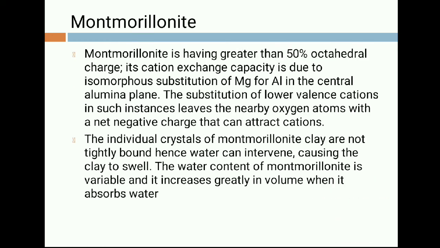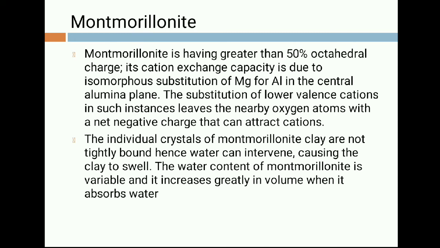Montmorillonite has greater than 50% octahedral charge. Its cation exchange capacity is due to isomorphic substitution of Mg for Al, that is magnesium is replacing the alumina from the silica alumina sheet.